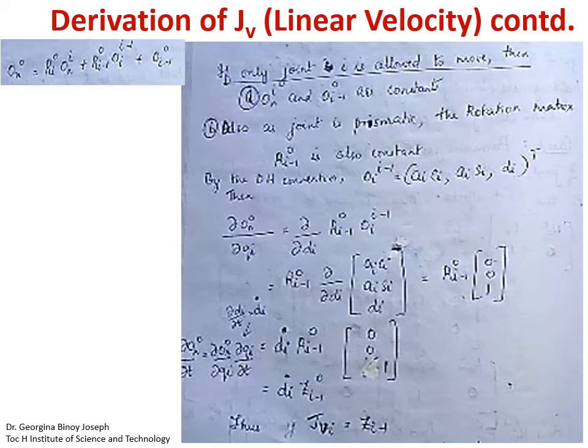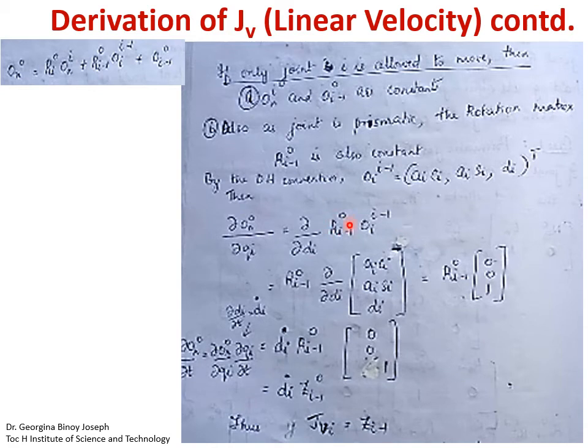Now when you take the derivative, we know that this is a constant rotation matrix and this is a constant. Inside this is a constant, but this thing moves. So we can write this as dou by dou di of this. Since this is a constant, the derivative is 0. Now only this is left: dou by dou di of Ri minus 1 to 0, this term, Oi, i minus 1.